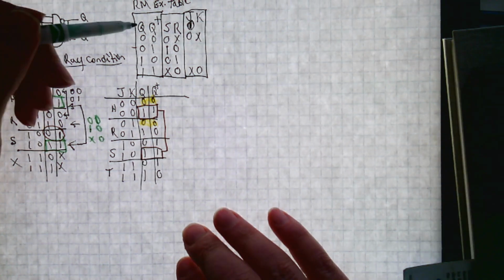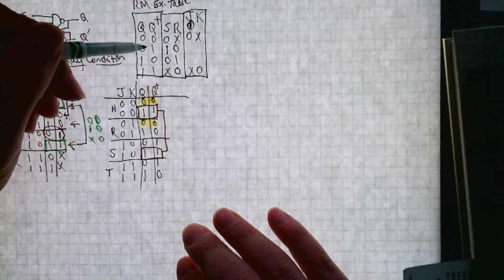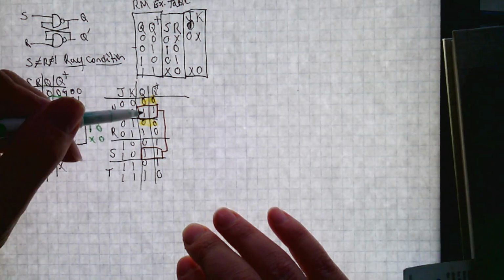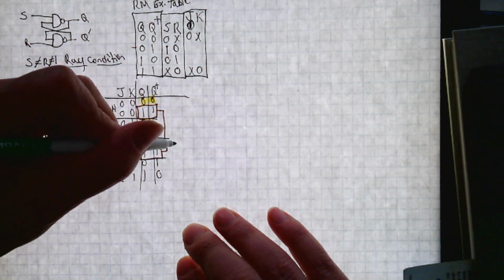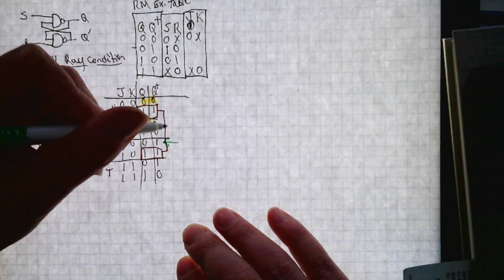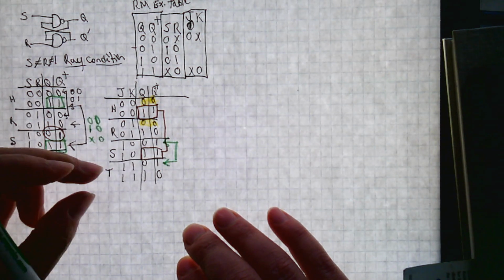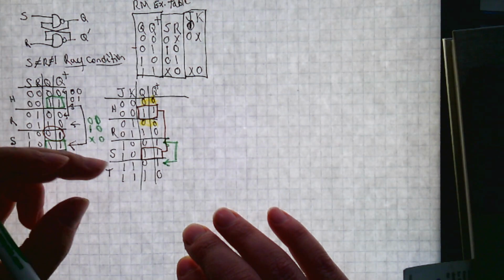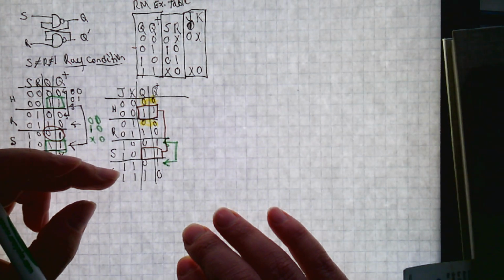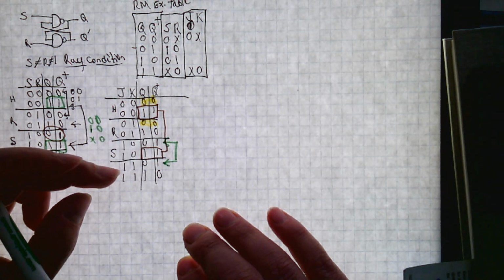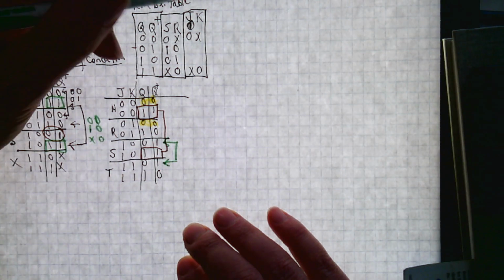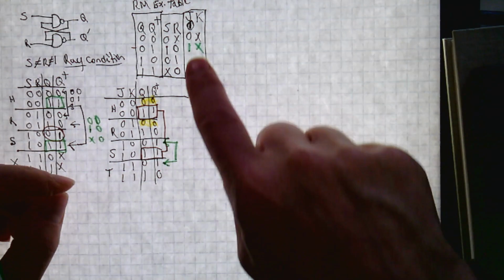So now let's assume I want to go from 0 to 1. So to go from 0 to 1, I see this, and I see this. And what that gives me is a 1 on J and a don't care on K. And you can see that's different from there.